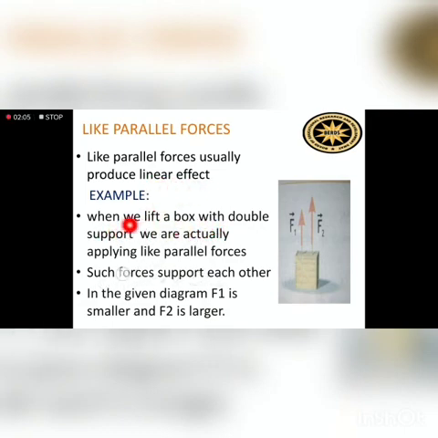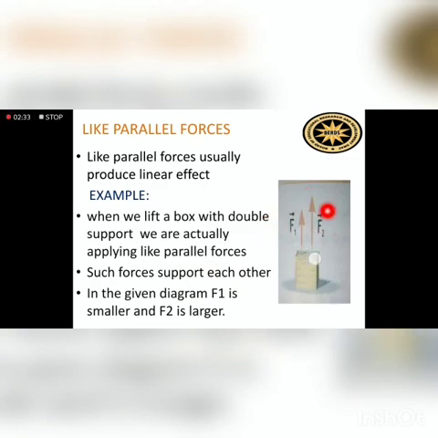Suppose you have a box that has two supports, and you are lifting it up with two hands. So actually this type of force is like parallel forces. Such forces support each other. It means they add up with each other. In the given diagram, F1 is smaller than F2. You can see that this arrow is small and this arrow is big. So F1 is smaller and F2 is the bigger one.